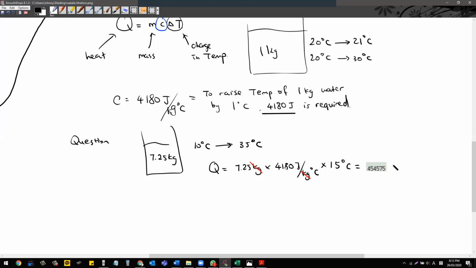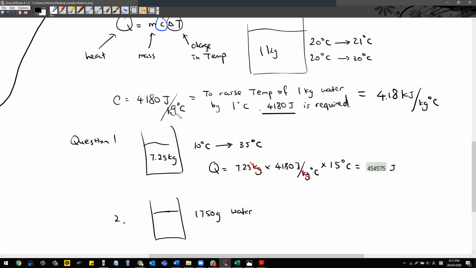Sometimes the C is given as 4.18 instead of 4,180. In that case, this will be kilojoules per kilogram degree Celsius. So if that is the case, I'm going to give you another question, okay? Actually, I'm going to give you all three of these.